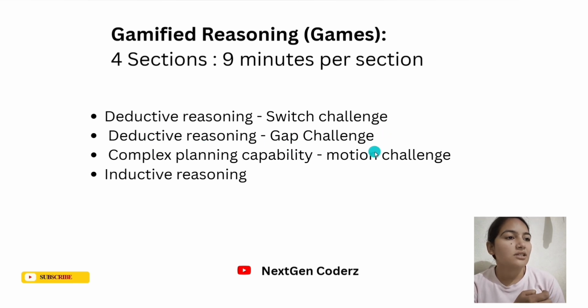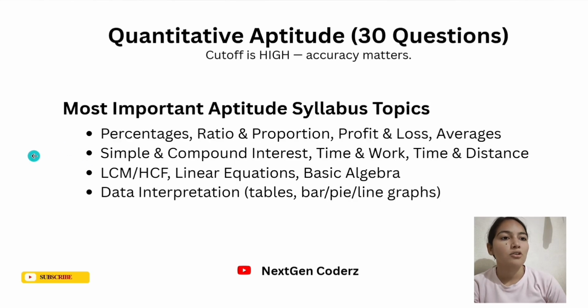There will be gap challenge type questions, complex planning capability, motion challenge, and inductive reasoning. I will also upload a video for the gamified reasoning previous year questions. But in this video we will understand the Cognizant Aptitude Assessment quantitative aptitude questions.